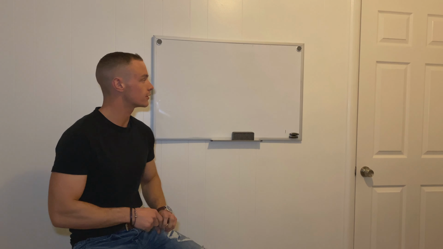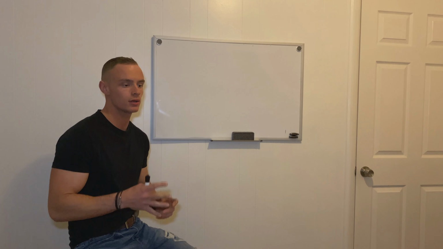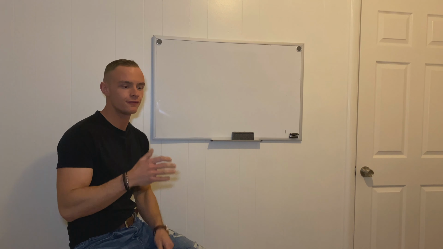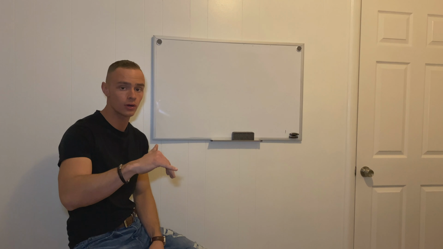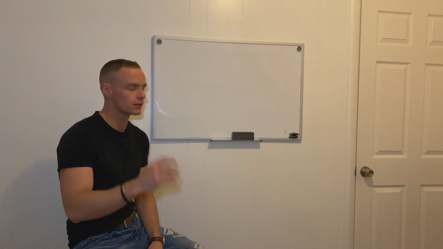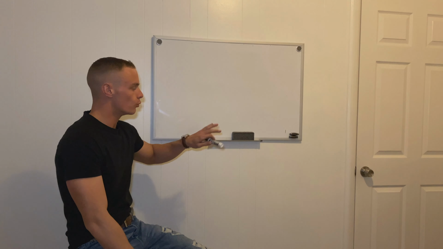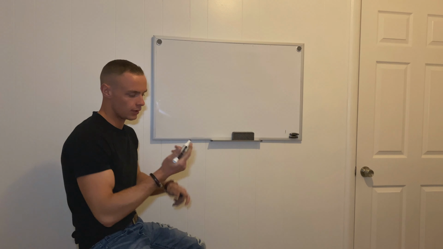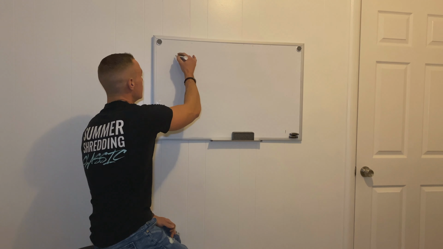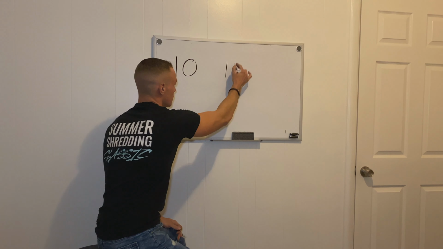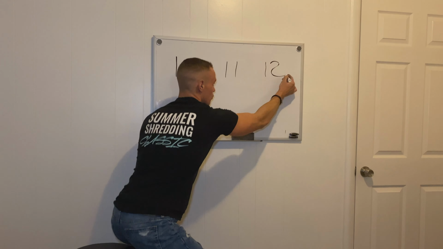I do want to point out that if your height is 5'5" or lower, things can get a little tricky here with the numbers that I provided. So I'm going to bring the numbers back up, and that is 10, 11, and 12.